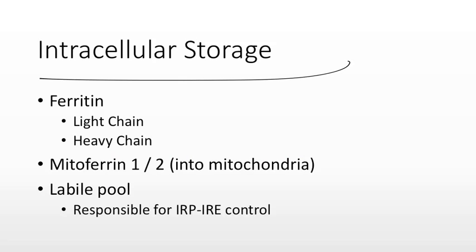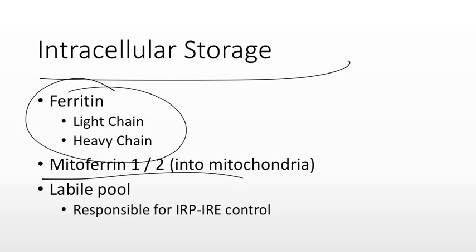Intracellular storage of iron, so iron, ferritin with the light chain, the heavy chain. There's also mitoferrin in the mitochondria. You'll know that the iron gets made into heme in the mitochondria of every cell, and that heme gets used in the electron transport chain, the cytochrome. And heme gets used in the liver, the hepatocytes, in the P450 system.